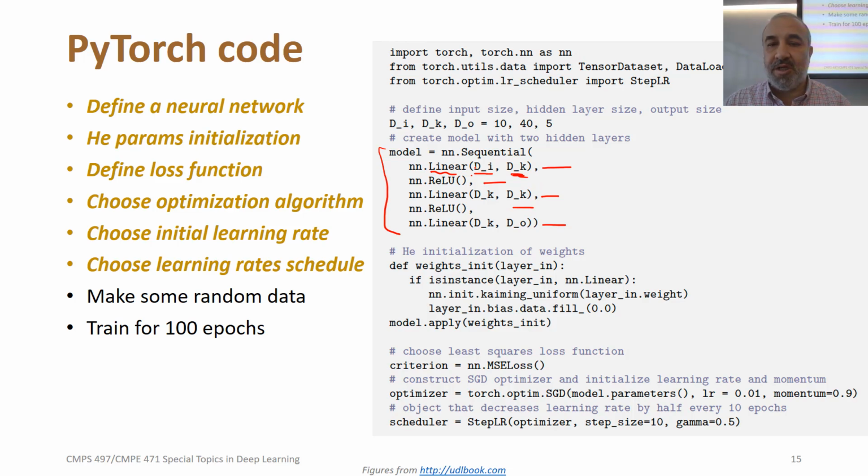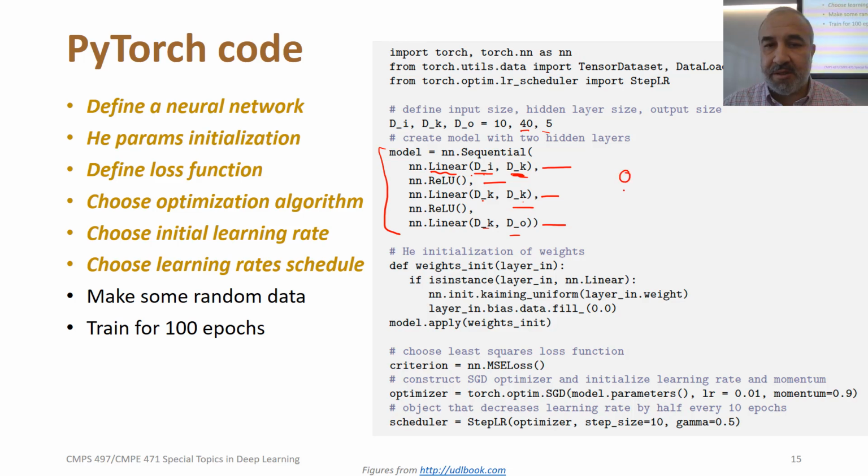So di is the input, which is 10. dk is the number of units in the layer, which is 40. And then dk, it's 40, 40. And then 5 for the output. How many hidden layers do we have here? 2. Okay, we are saying di is the input.